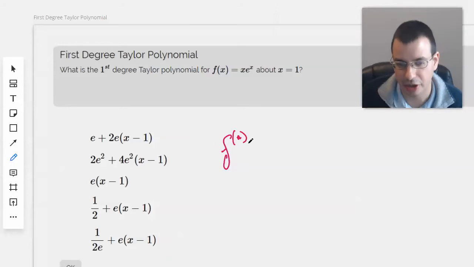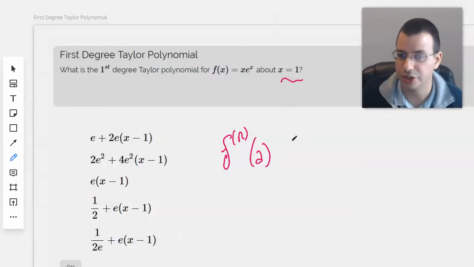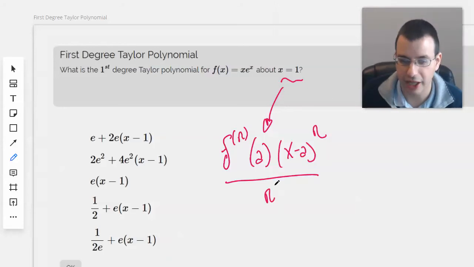So the first thing we want to do is remember the definition of a Taylor series. That is something along the lines of f to the nth derivative of a, where a is what it's about, times x minus a to the n, all over n factorial.